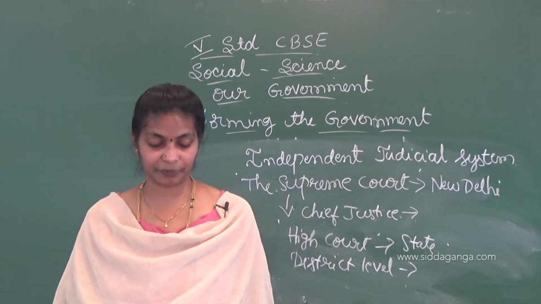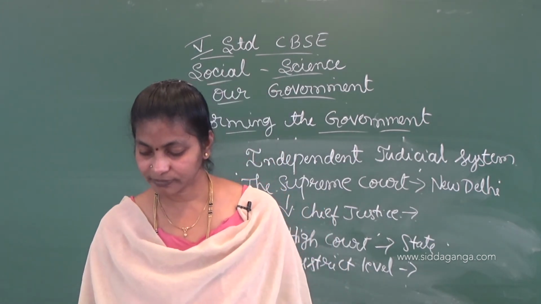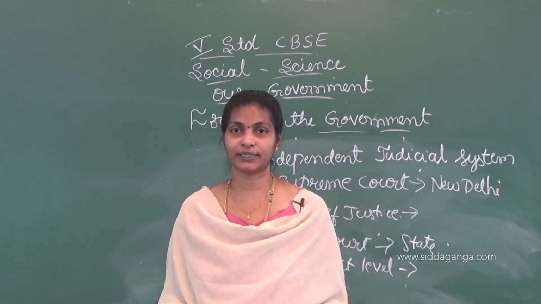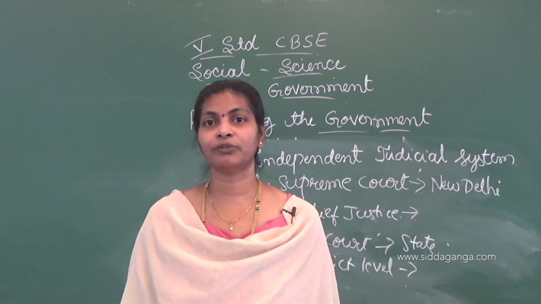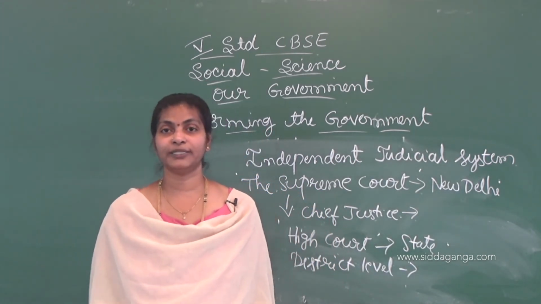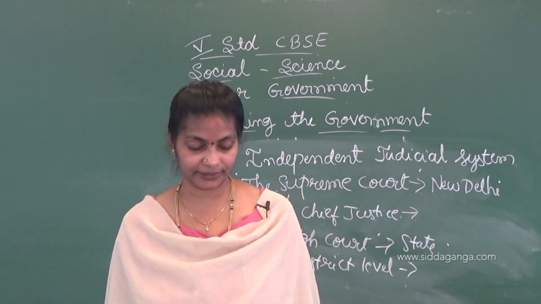Once again I will repeat some points. India is one of the vast countries, isn't it? So for smooth administration, India was divided into how many states? India is divided into 28 states, isn't it?